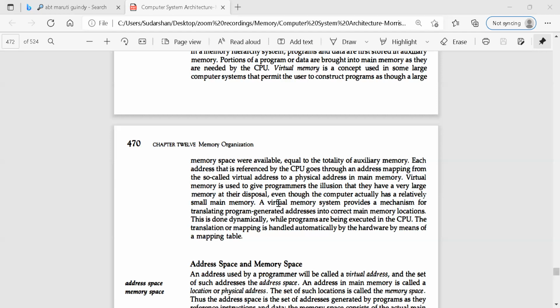Hope things are clear. That is, size of the program N is greater than size of the available memory M. N is greater than M. In olden computer systems, this is not possible. If your program size exceeds the available memory capacity, then your program cannot be run by the CPU.